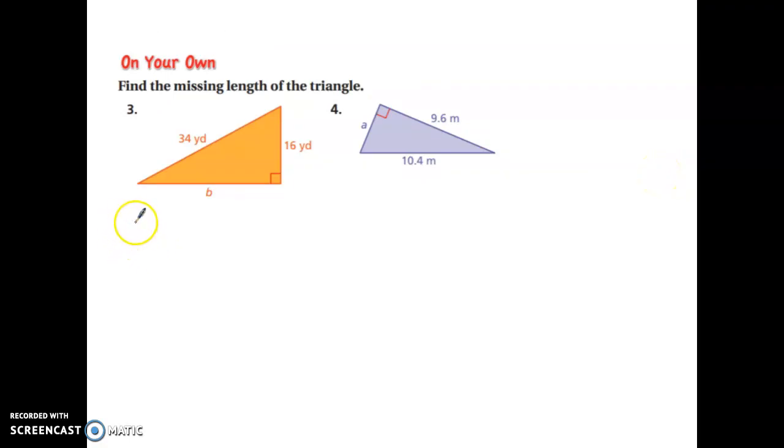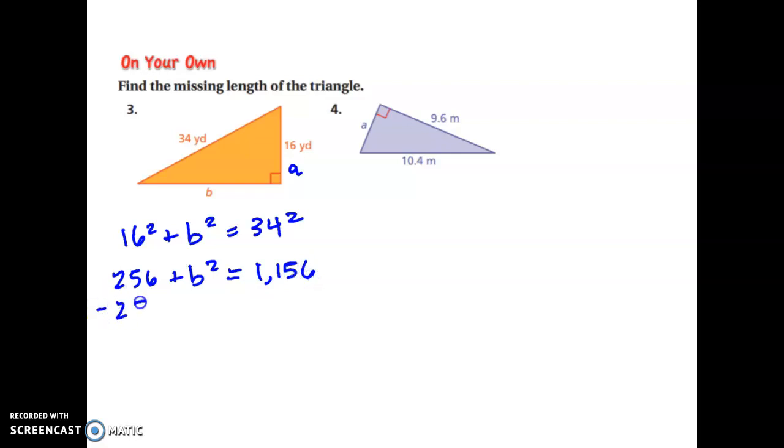Number 3 is 34 yards for the hypotenuse, 16 yards for leg A, and the unknown is B. So we have 16 squared plus B squared equals 34 squared. Go ahead and simplify your numbers. So 16 squared is 256. And then 34 squared is 1,156.